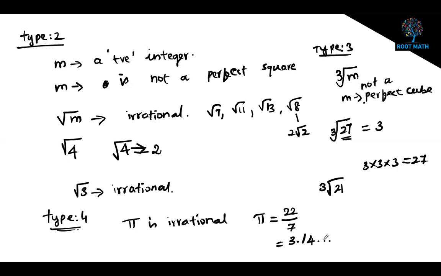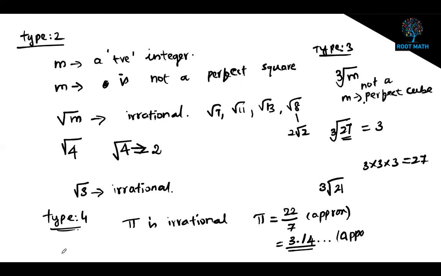It's not terminating. For our convenience, this is only an approximate value. 3.14 is also an approximate value only, to make our calculation easy, but actually it is a non-terminating and non-recurring decimal. So pi is also an irrational number.